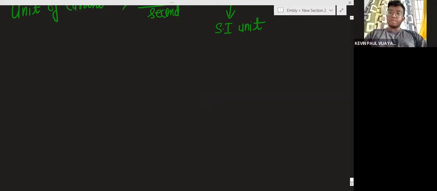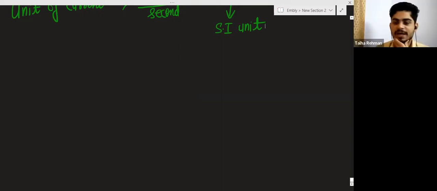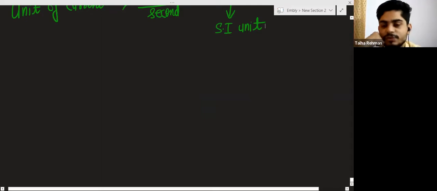Actually, I want to improve this a little bit. I am saying that scalar quantities have only magnitude, and vector quantities have direction as well as magnitude.